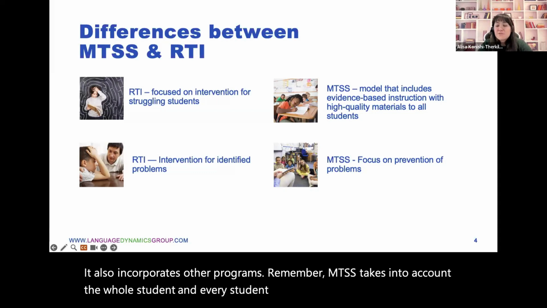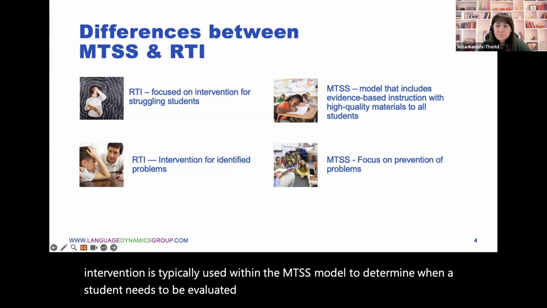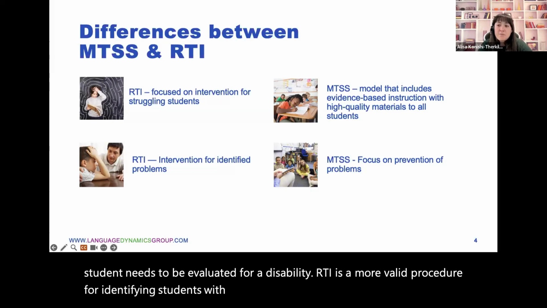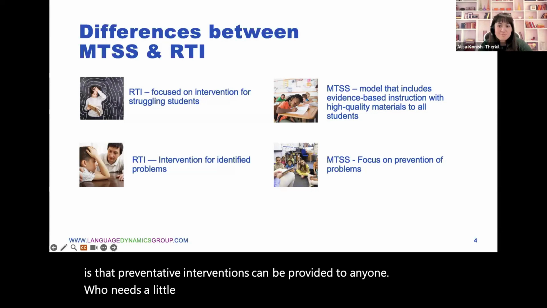The construct of response to intervention is typically used within the MTSS model to determine when a student needs to be evaluated for a disability. RTI is a more valid procedure for identifying students with disabilities. A major benefit of an MTSS model is that preventative interventions can be provided to anyone who needs a little something extra. So MTSS is preventative.